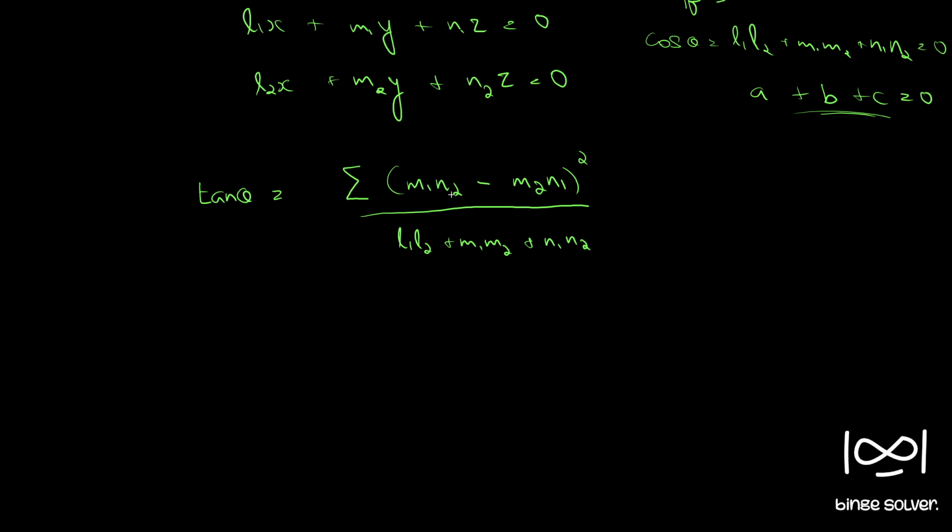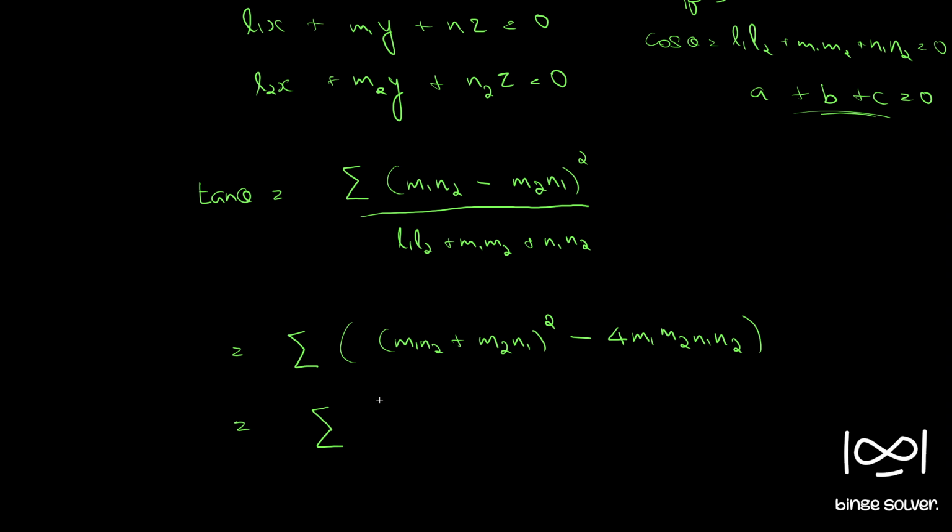If you see m1 n2 minus m2 n1, this equation can be written as sigma of (m1 n2 plus m2 n1) the whole square minus 4 m1 m2 n1 n2. If we write it in this manner, there is a sigma here, don't forget about that.